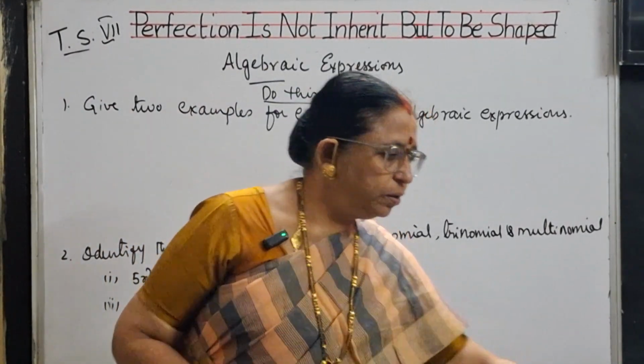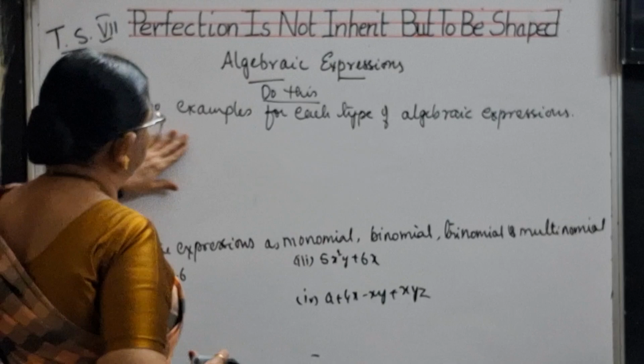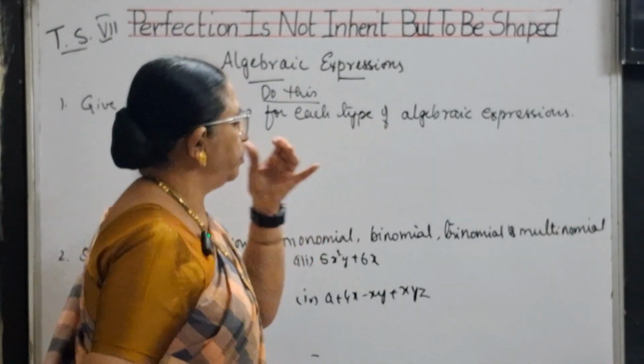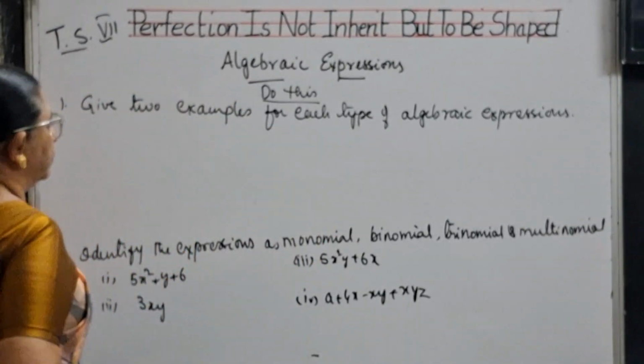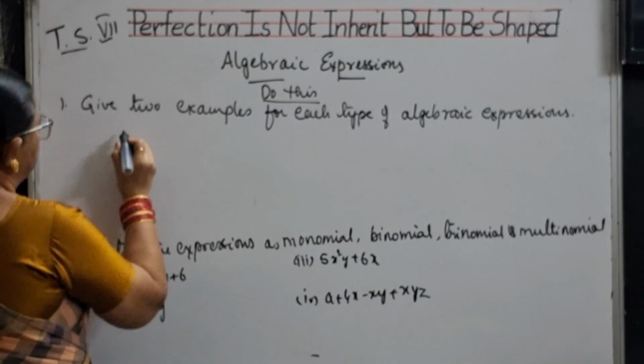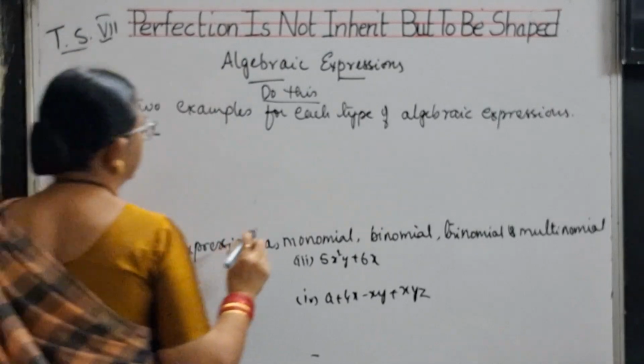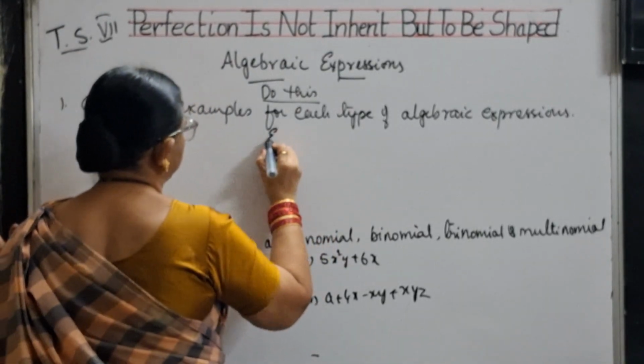Now do these sums, children. In this, give two examples for each type of algebraic expression. So what are the different types of algebraic expressions we have written? Let me write a table here, type and then example.